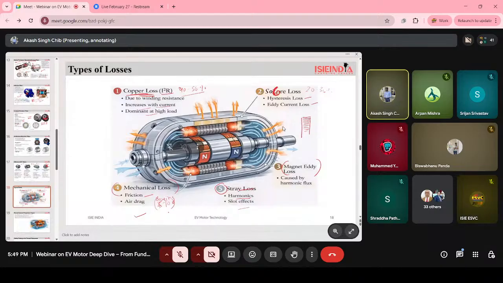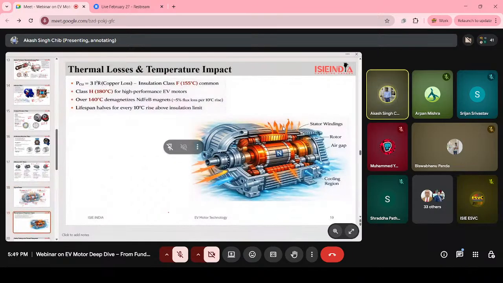Then let's see the thermal losses and temperature effect in the motors.